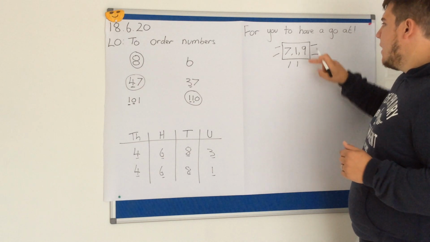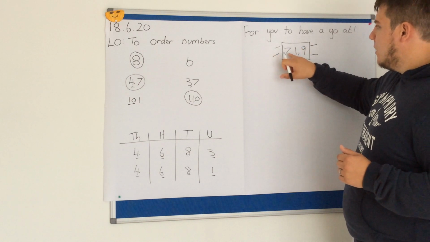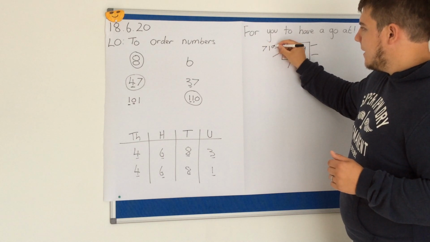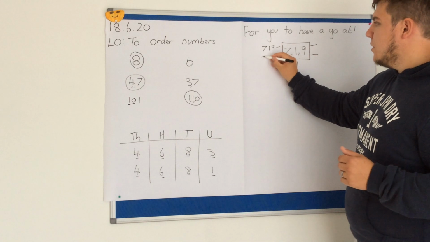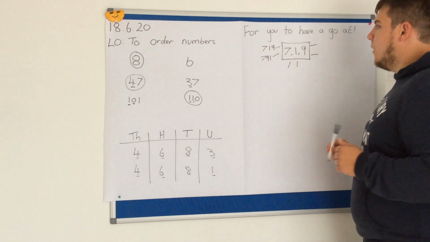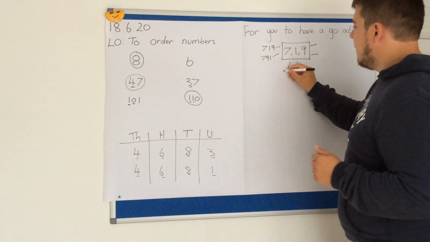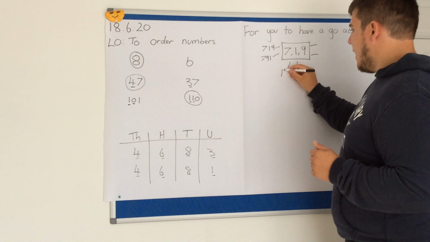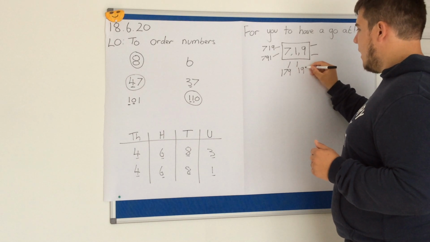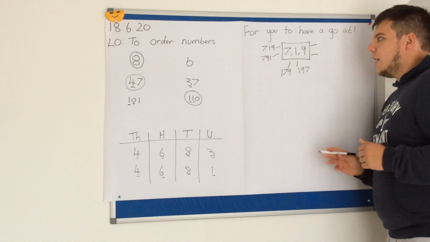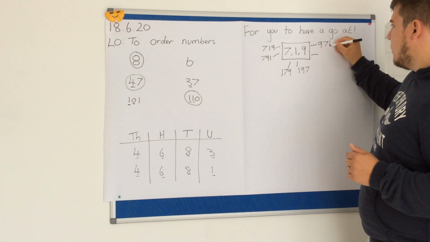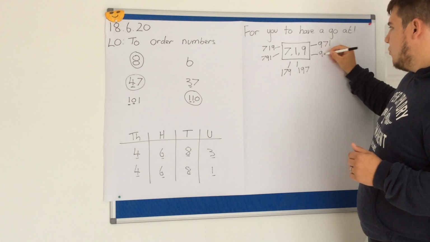So starting with the 7, I can do 719, and then I can swap those 2 round to make 791. Underneath here with 1, I could do 179, and then I can do 197. And then with the 9, I could do 971, and I could do 917.